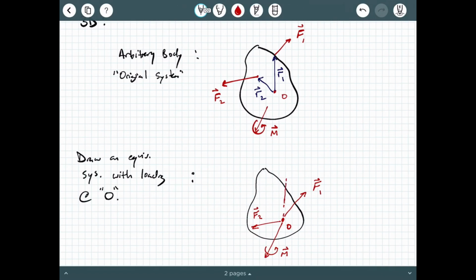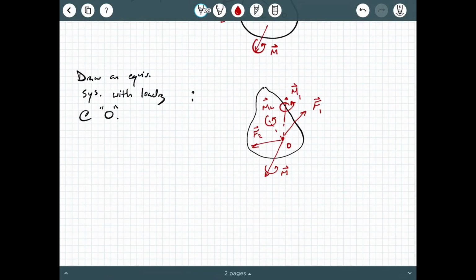I'll call this M1 and this one over here M2. So this becomes our equivalent system.